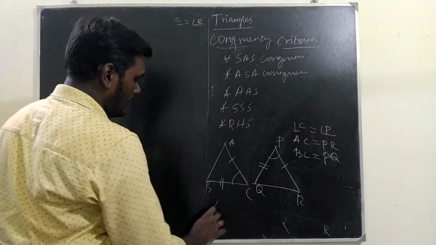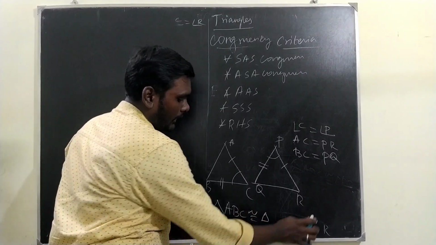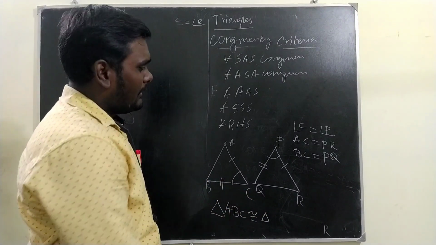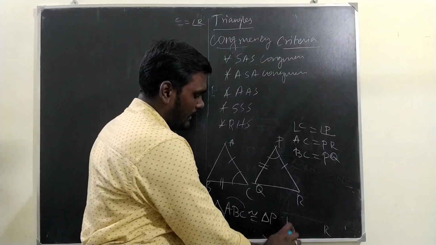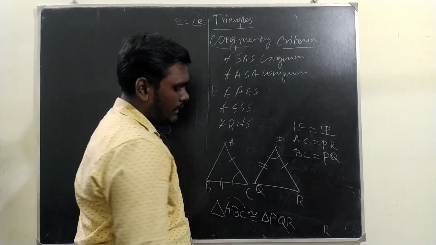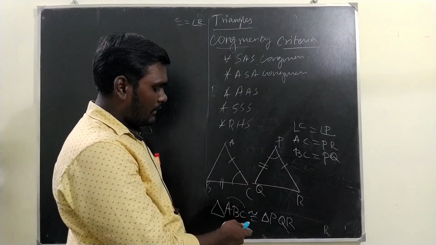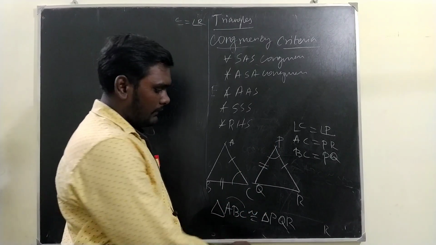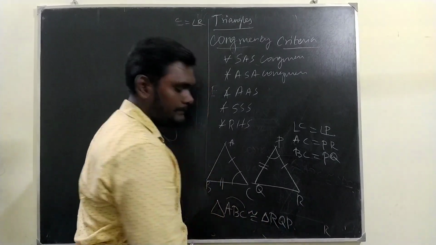How it should be written: triangle ABC is congruent to triangle, you see, side AC is there, right? AC equals PR, so shall we say PQR? Then P should be equal to C, then RQP.